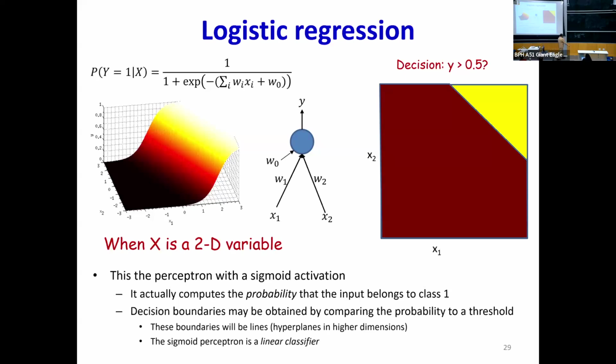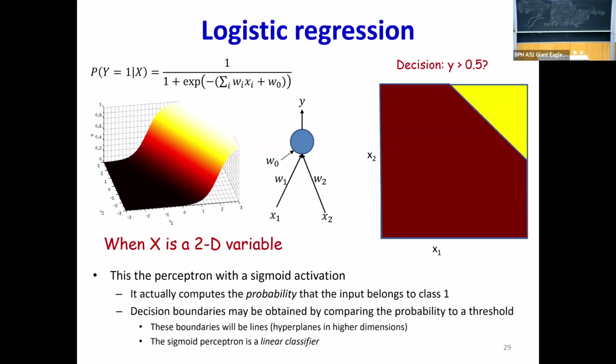So here is how it is. I have this sheet, and if I say choose a threshold, if y given x equals 0.5, what is the locus of inputs where this holds true?